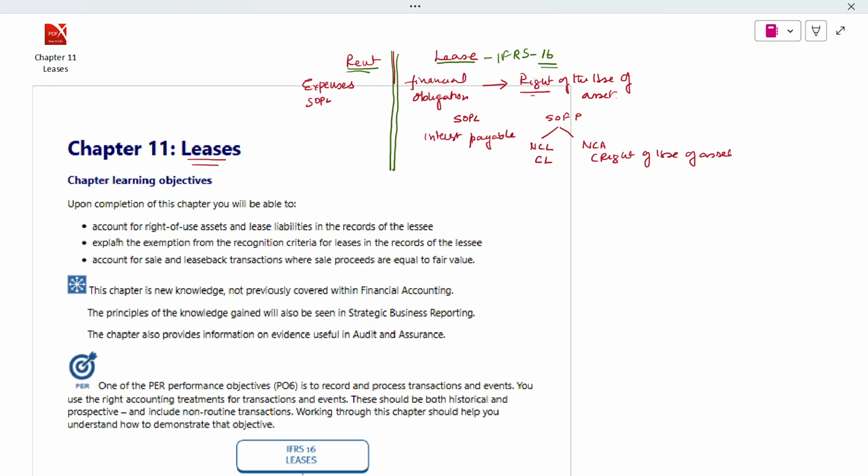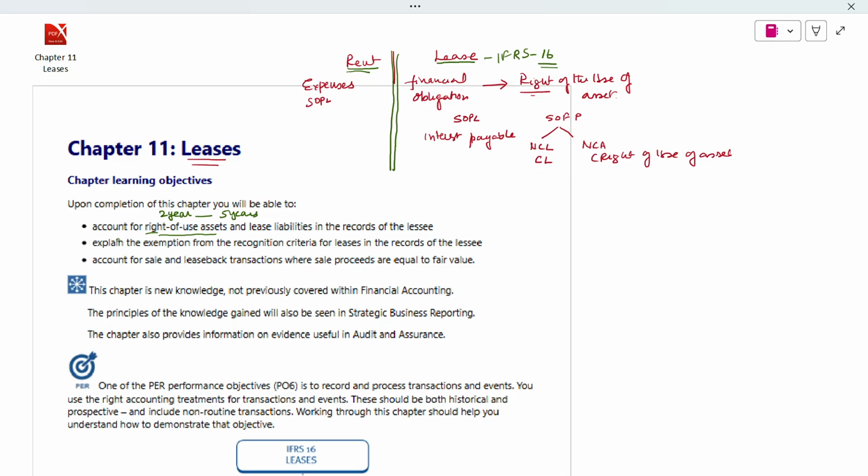Yes. In the lease, you have taken the lease, you have the right of use of the asset. You have taken the lease, usually for more than 1 year, say 2 years or 5 years. Then for 5 years you have the right. Nobody will question you.